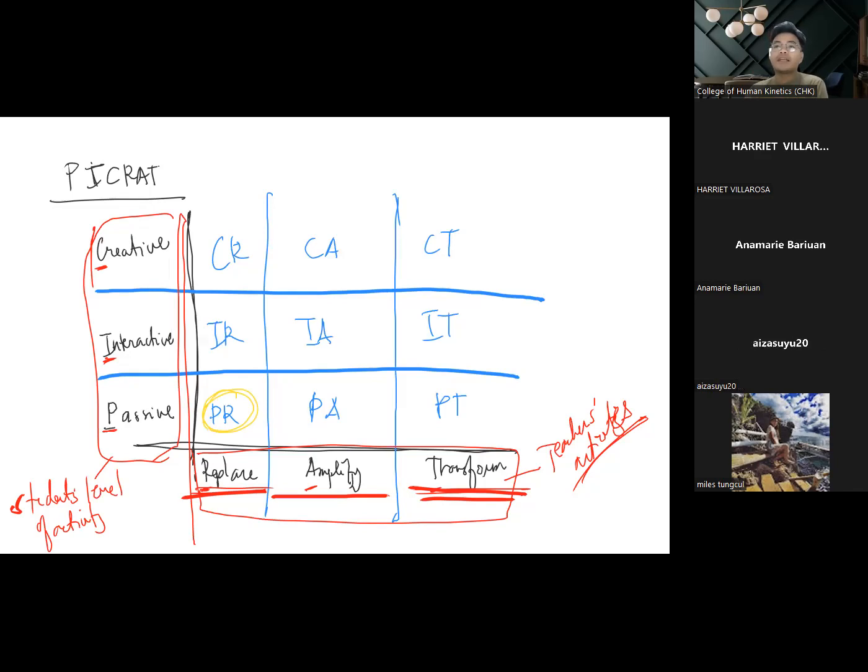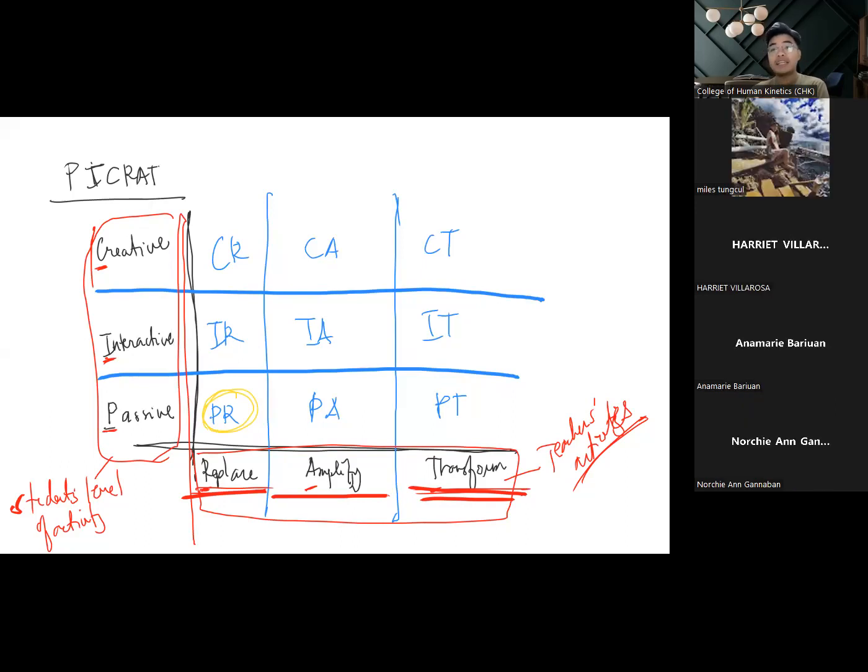Creative. Bakit creative? Kasi may ginagawa sila. It's project-based. So, gumawa sila ng essay. Creative. Saan ngayon? Is it replace, amplify, or transform?